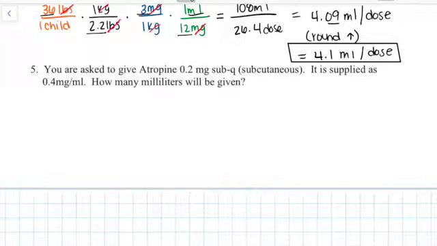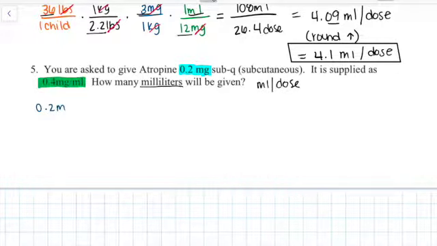You're asked to give atropine 0.2 milligrams sub-Q. It is supplied as 0.4 milligrams per ml. How many milliliters will be given? So final answer is in milliliters per dose. All right, so order is 0.2 milligrams per dose. We don't have to convert anything.